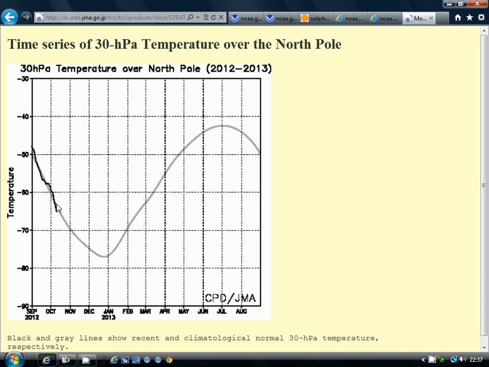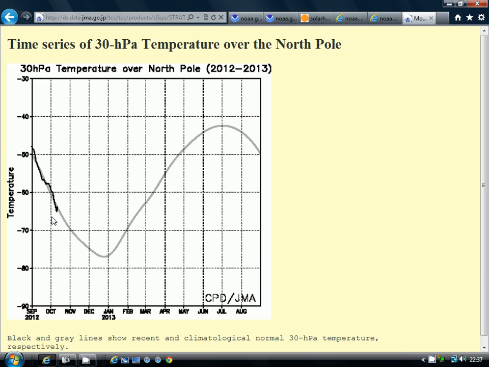Consequently, when the temperature is below average in the stratosphere, when we've got a very cold stratosphere, that can help to promote a strong polar vortex and also a lot of low pressure over the pole, which then promotes westerly winds and keeps us mild in the mid-latitudes.